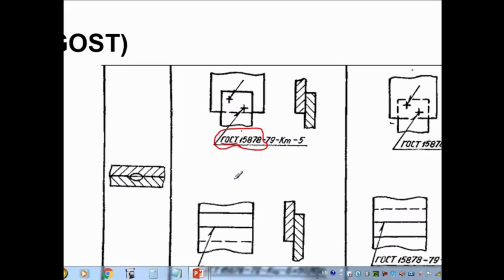The GOST number and then a year also represent that the GOST is approved and taken into use. There are some values, and in the next slides I will show the meaning of this. And this one is a size.